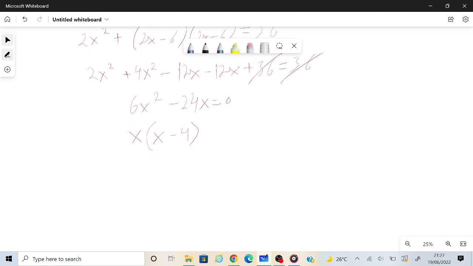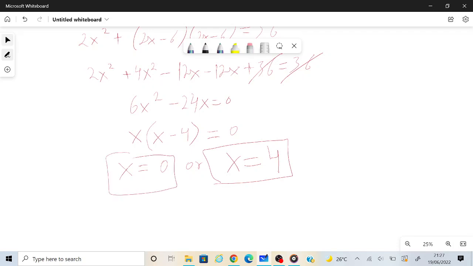So with this equals to 0, x is 0 or x is 4. These are your two x values.